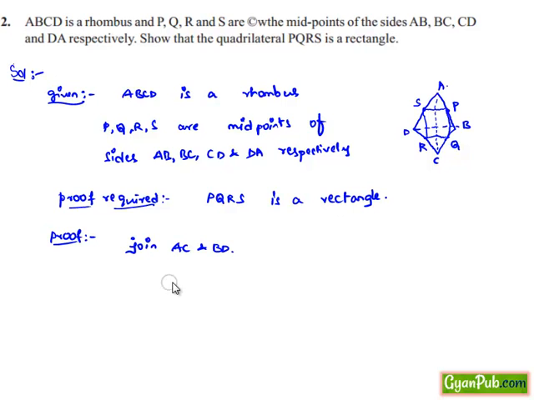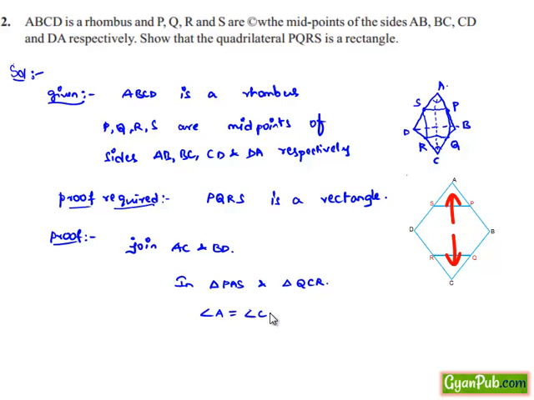Now, let us consider the triangles, triangle PAS and triangle QCR. In these both triangles, angle A is equal to angle C, since opposite angles in a rhombus are equal, and also AS will be equal to QC.